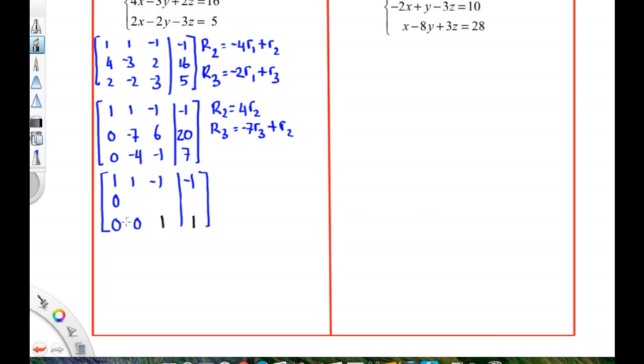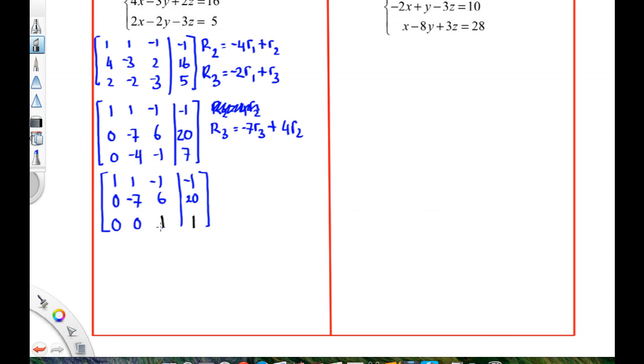And so actually it's easier if I would have just left it as a negative 7 and then a 6 and a 20. So what I'm trying to tell you is I could have done all this in one go. So I could have done this here and written that, and instead of adding it to R2, I could have said, well, I'm going to add it to 4 times R2 and skip this one altogether. Okay?